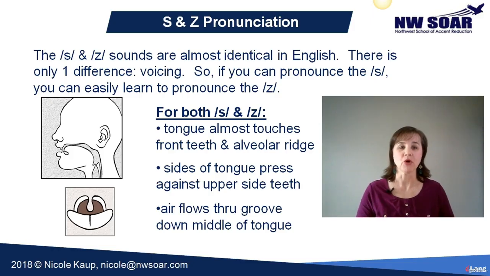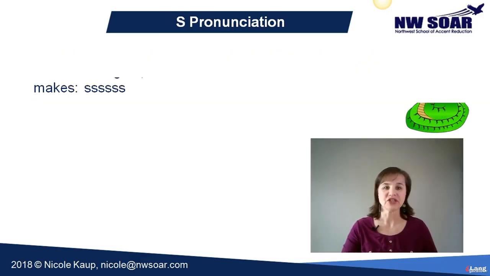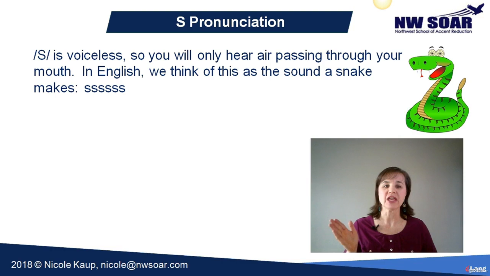Now, that is what both of these sounds have in common, their mouth position and airflow. What's different, however, is that the S sound is a voiceless sound, which means only air is coming through your mouth. You should have no sound coming from your vocal cords. In English, we usually think of the S sound as a sound a snake makes.